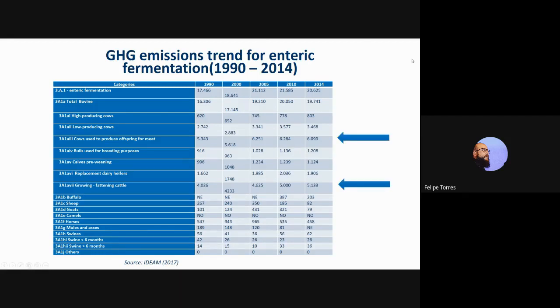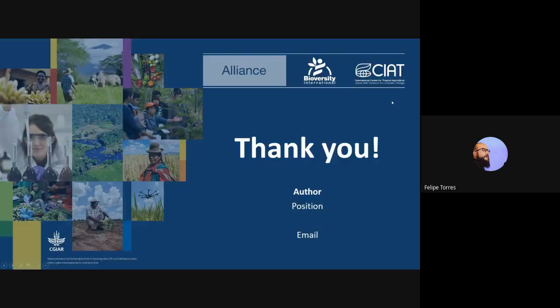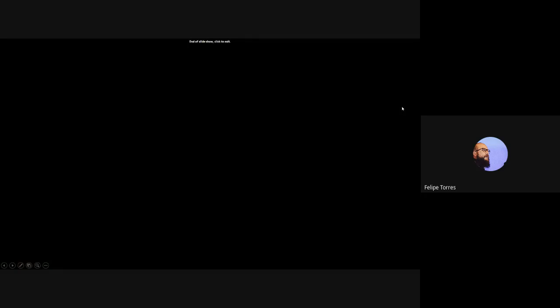So in this way, the stakeholders, political and technical, can have a ranking of emissions from enteric fermentation in Colombia. Thank you. If you have any questions.